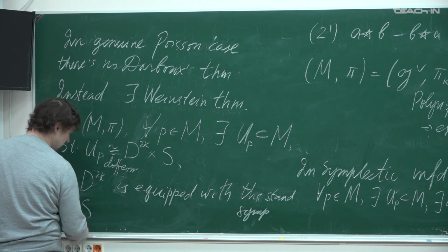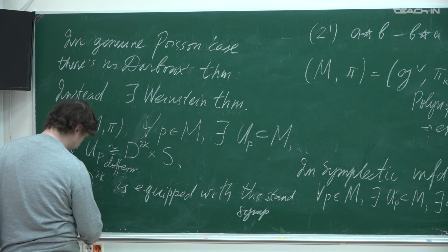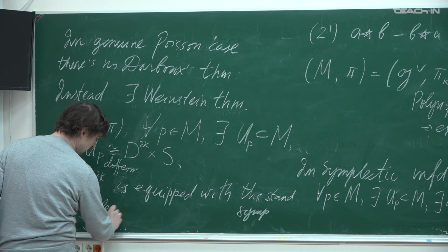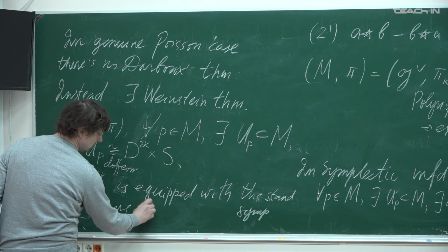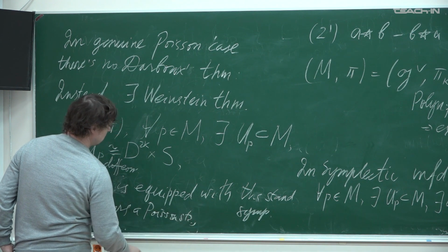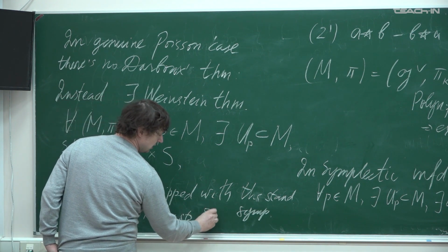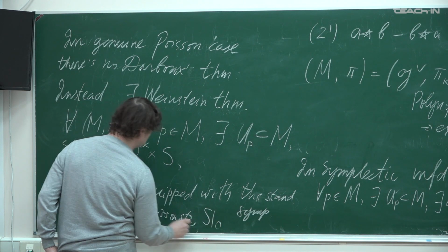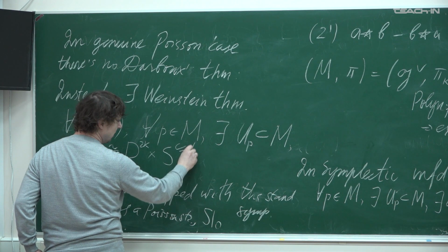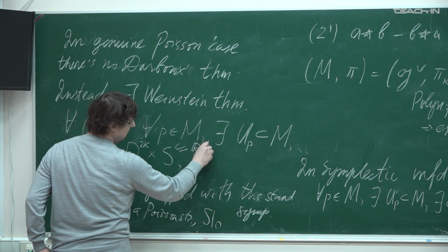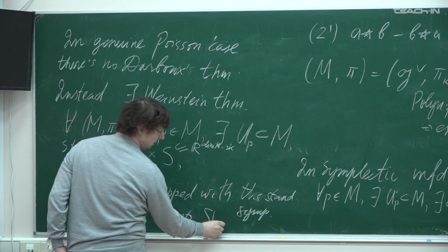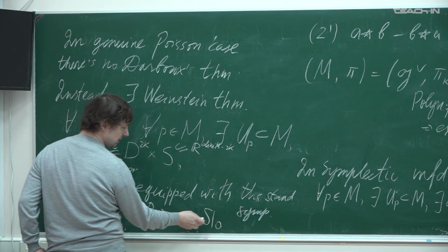And S is equipped with some Poisson structure; S you can actually regard as some neighborhood in R^{dim M − 2k}.